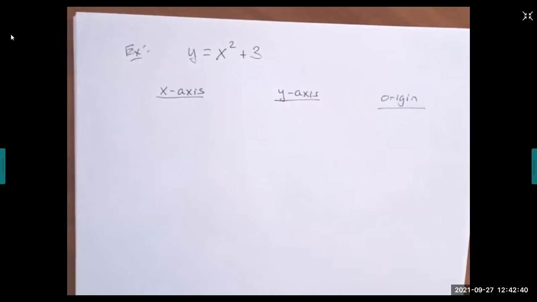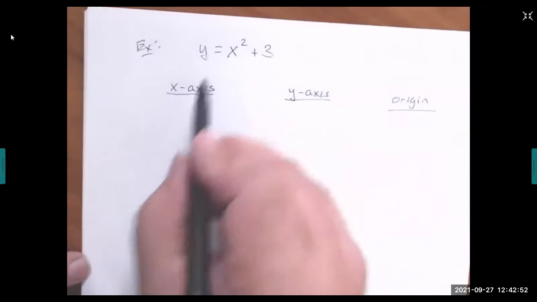So what we're looking for is this: once we change the signs of a variable, if it gives us the same answer as the original, then that's what it's symmetric about. So let's see about the x-axis.